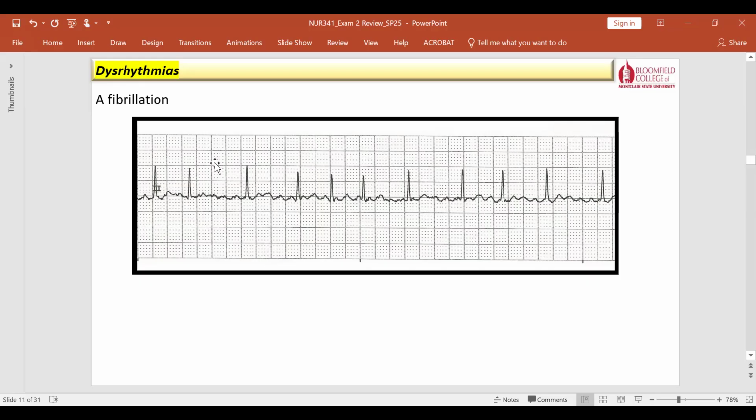The 5 boxes is equivalent to 60, and the 3 boxes is equivalent to 100. Make sense? Yes. Because 300 over 3 is 100, and 300 over 5 is 60. So that's the range of 60 to 100, 3 to 5 large boxes. Within that range, it's going to be normal. Okay, thank you. You're welcome.